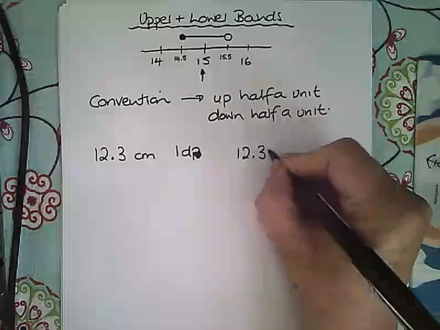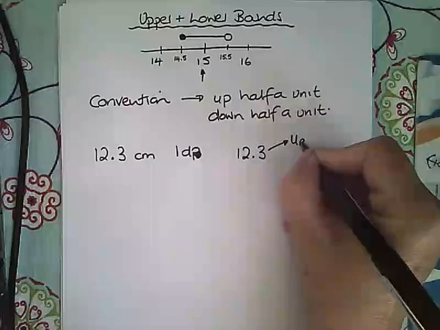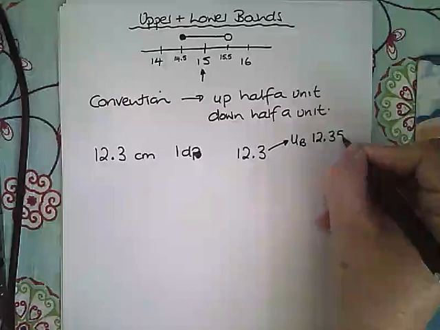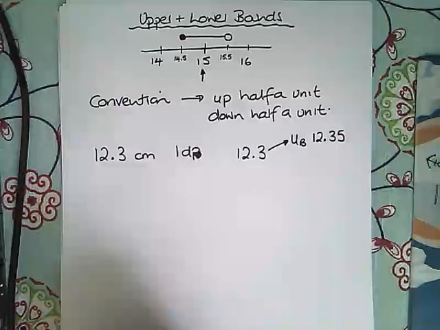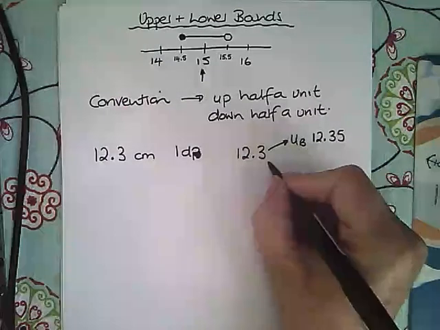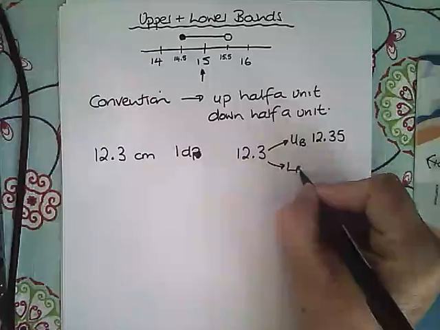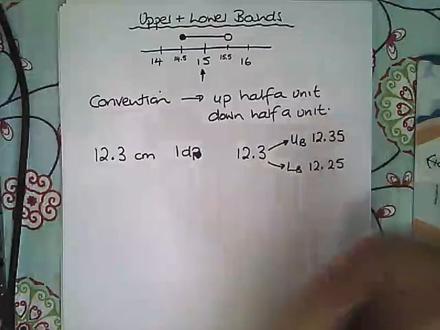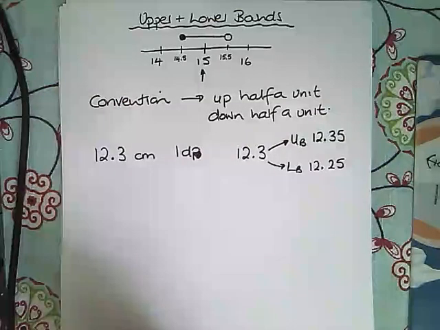That means that my upper bound would be 12.35, if you think about it on the number line. And if I went down half a unit, my lower bound would be 12.25. Now I always find it easier to write the upper bound first, and then I can see how the lower bound is going to work out.